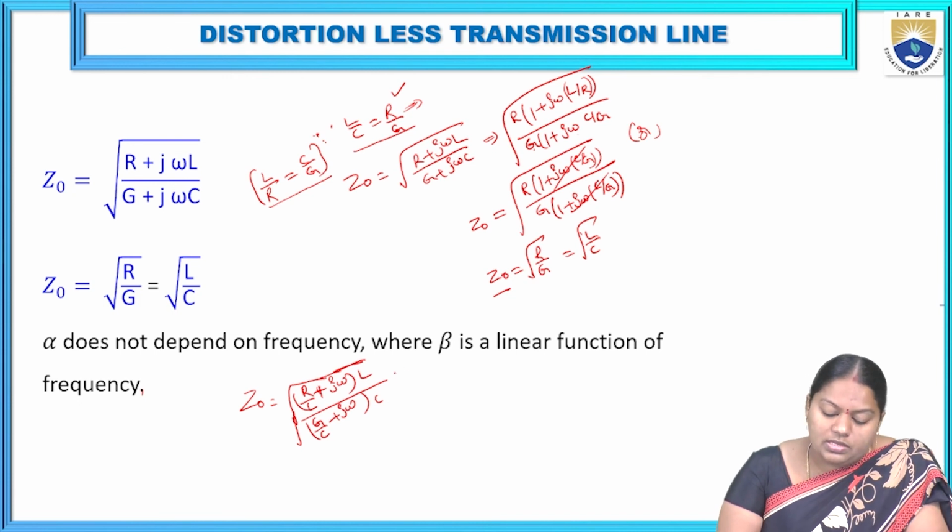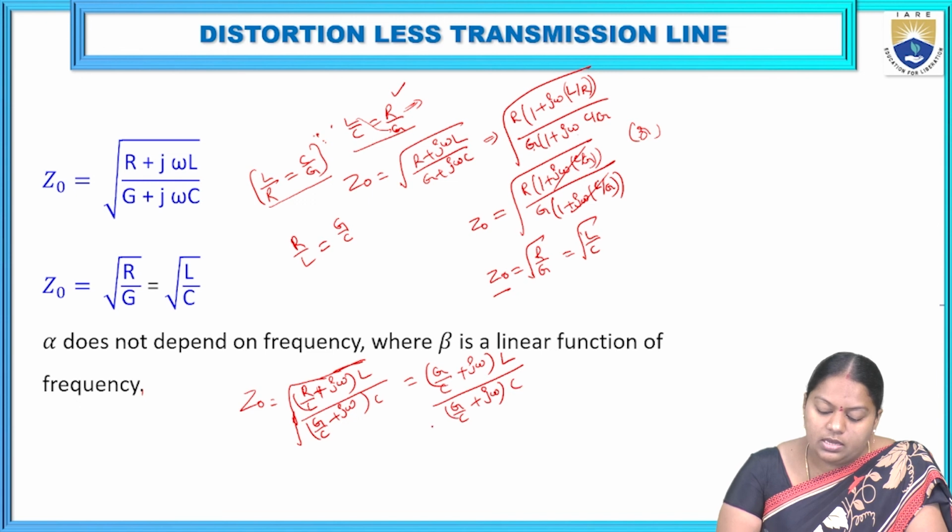L by C equal to R by G is the fundamental condition, and from that, R by L is equal to G by C. So in place of R by L, I am substituting G by C. Then G by C plus j omega is in both the numerator and denominator, so these two are the same and get cancelled. Then root of L by C is obtained.